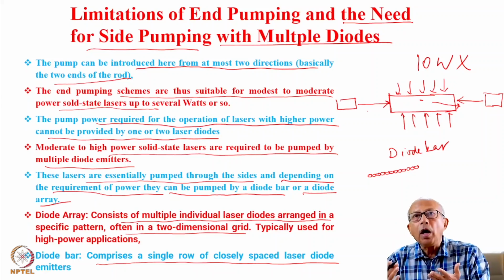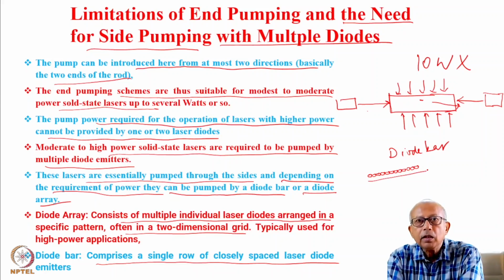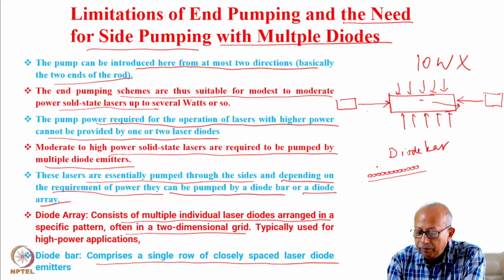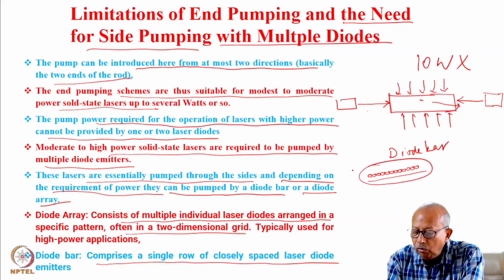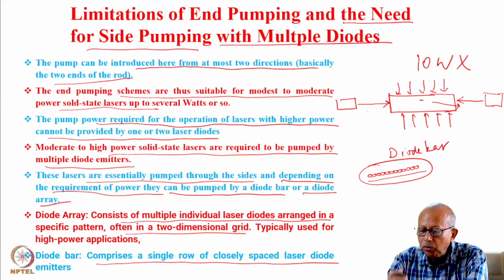So you need more diodes. A diode bar would basically look like this. In a single row, you just put your diodes closely spaced one after the other.